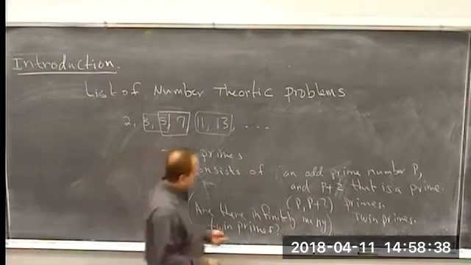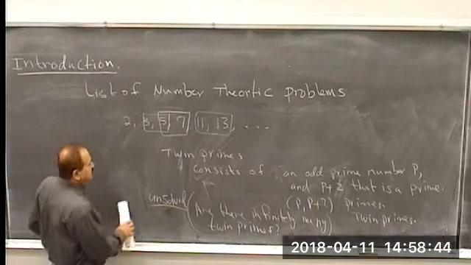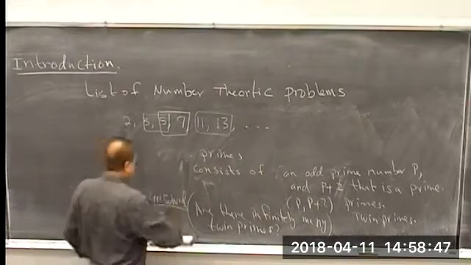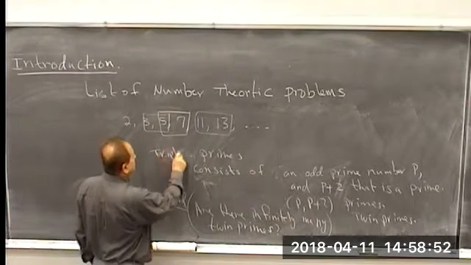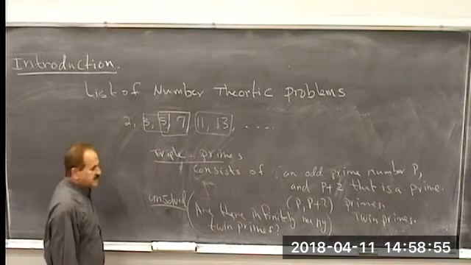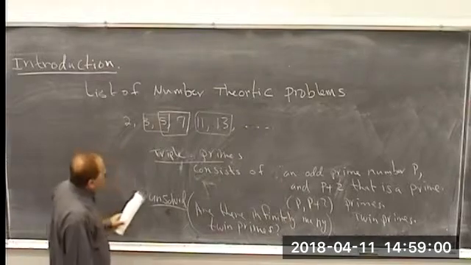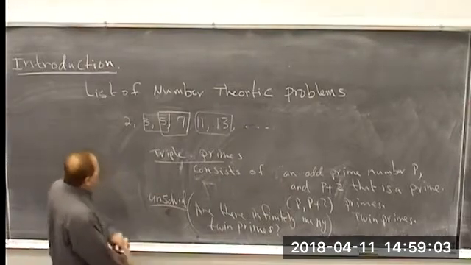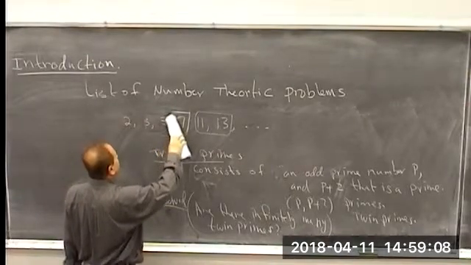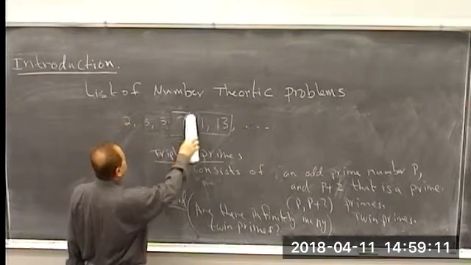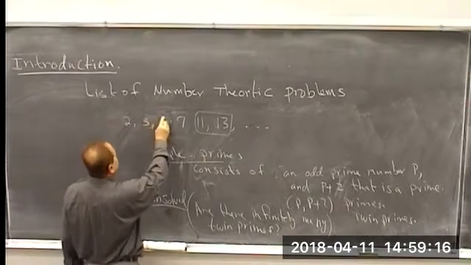One other thing one might ask about, how about triplets, or triple primes, sometimes called triplets. All right? So you would imagine, if you want to mimic this definition, that if there are 3 prime numbers that are next to each other, then you would call that a triplet.